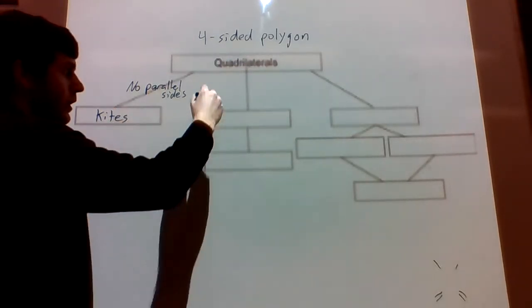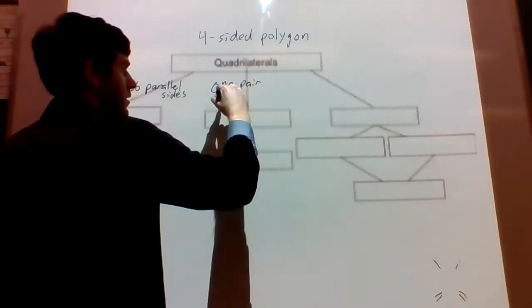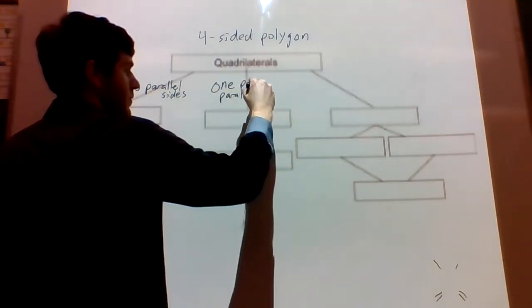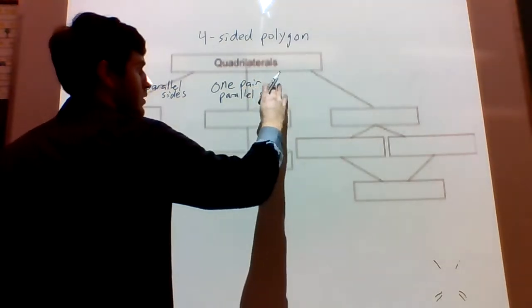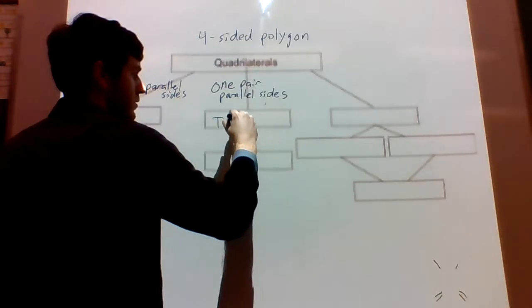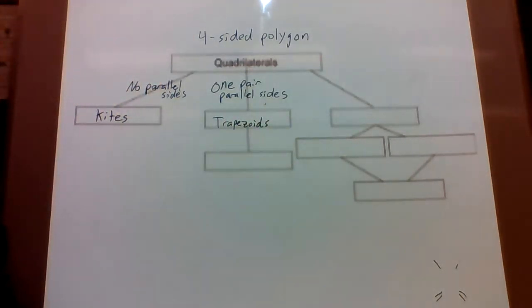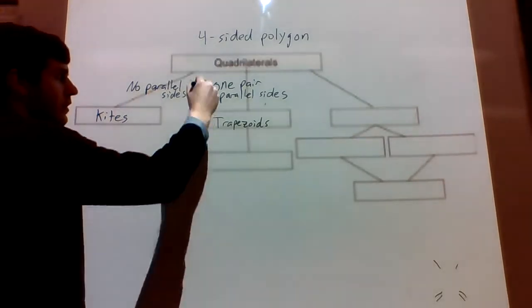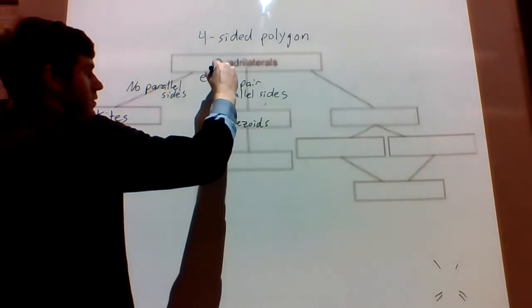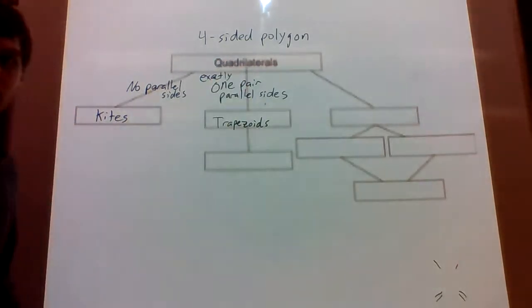And we can have 1 pair of parallel sides, which we defined as trapezoids. Trapezoids are quadrilaterals with exactly 1 pair of parallel sides.